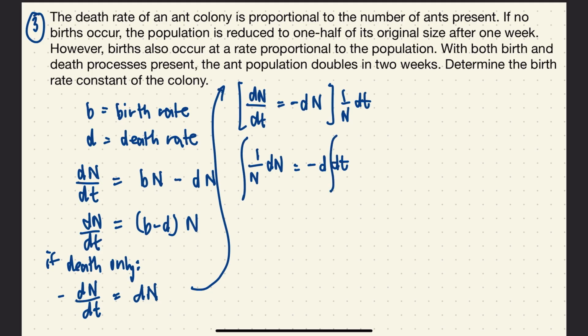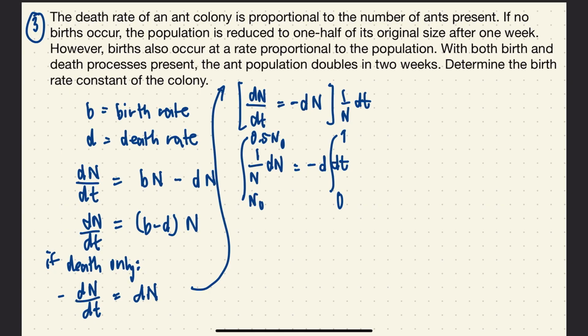Okay? So when you integrate, it says that if no births occur, just the death rate, the population is reduced. The original population is reduced to half, so 0.5 of N sub o, in a week. So say 1, in weeks. And then from here, we can solve for the death rate constant.